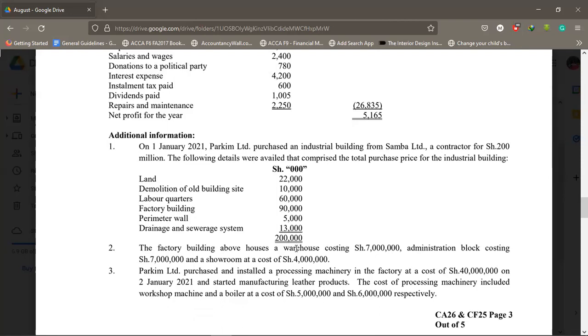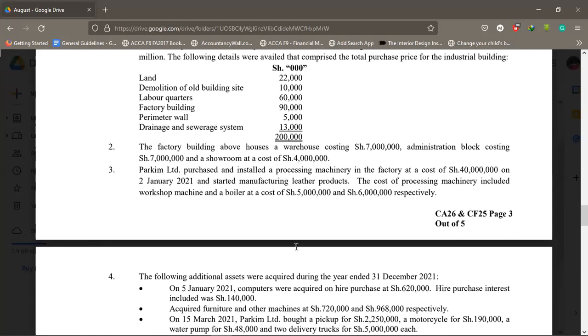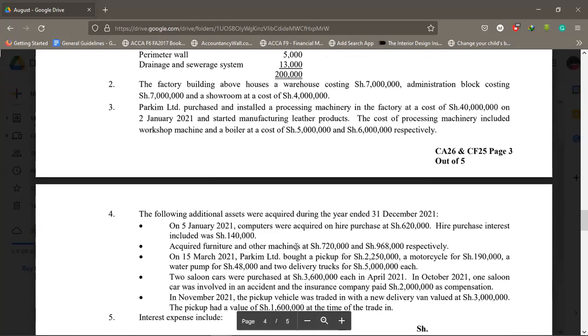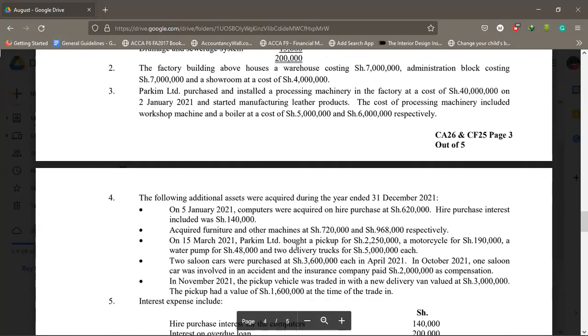The following additional assets were acquired during the year ended at 1st December 2021. On 1st January 2021, computers were acquired on a hire purchase at shillings 620,000. Hire purchase interest included shillings 40,000.